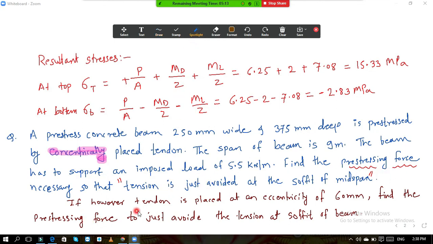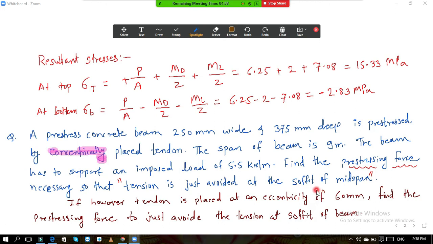Now if however the tendon is placed at an eccentricity of 60 mm. So instead of this concentric tendon, now if this same tendon is placed at an eccentricity of 60 mm, find the pre-stressing force, and the condition is same, to just avoid the tension at the soffit of the beam.